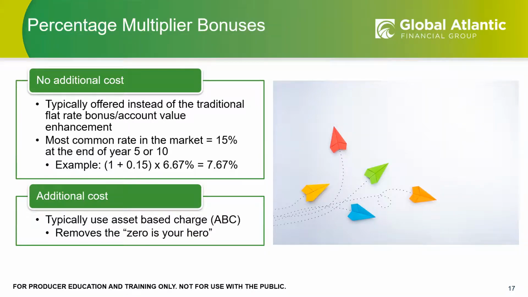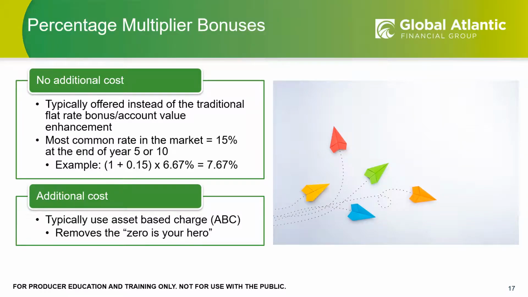So you can see in the example, if you compared our Lifetime Builder Elite, our Lifetime Builder Elite has a 100 basis point account value enhancement, so 1%. So to get that same 1% in this example, they'd have to credit 6.67 to get the 1%.